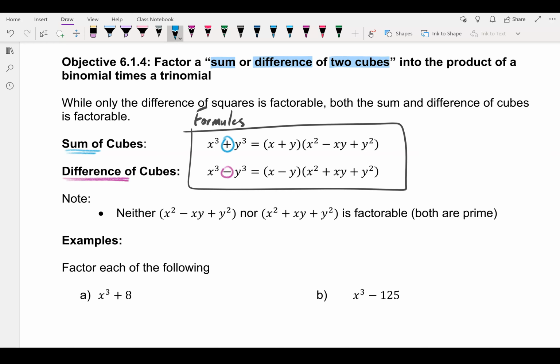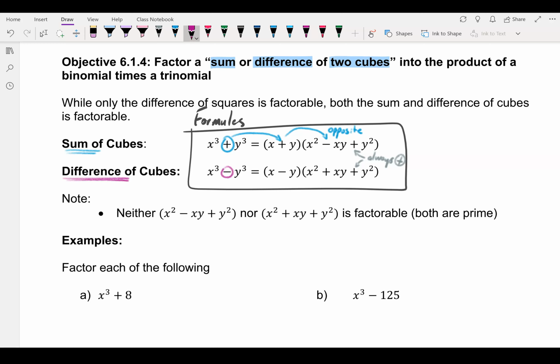For the first case, if you have x cubed plus y cubed, the plus will carry over into the first bracket, and then the sign flips in the second case. And the final symbol here is always plus.